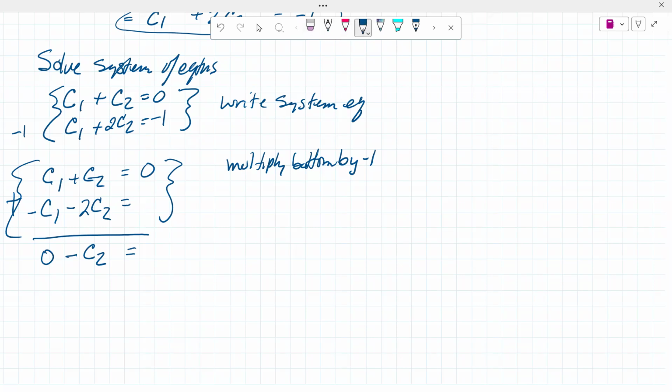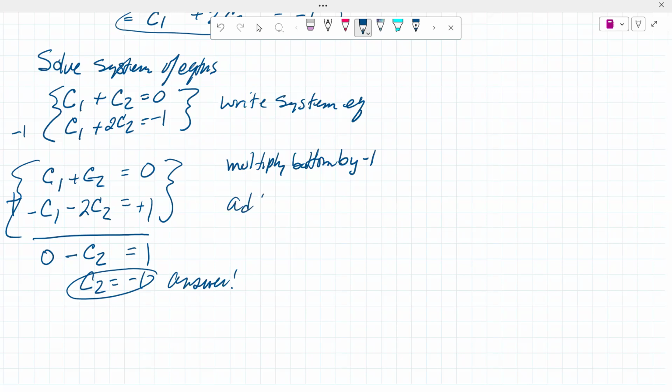Sorry, -1 times -1 turns it into a +1. Sorry, equals 1. That's correct. And then we move the minus sign over and we get C2 equals -1. All right, we have an answer.